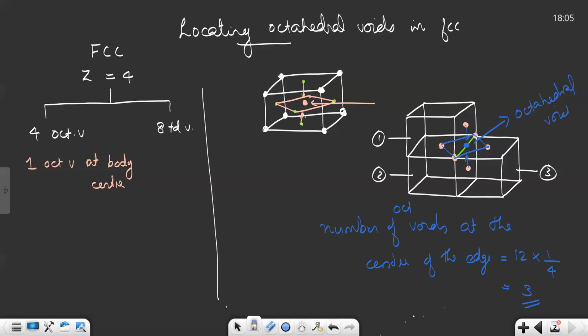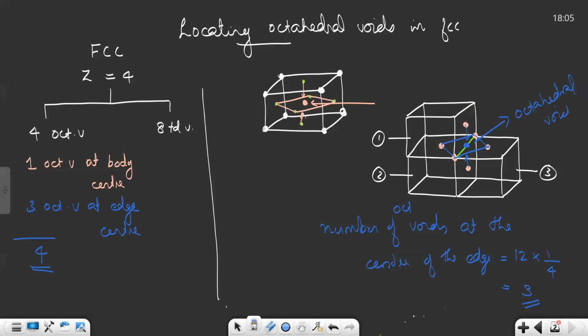So here you can write one octahedral void at the body center and 3 octahedral voids at the edge centers. So total 4 octahedral voids are there. One is at the center of the unit cell, and 3 are at the center of the edges.